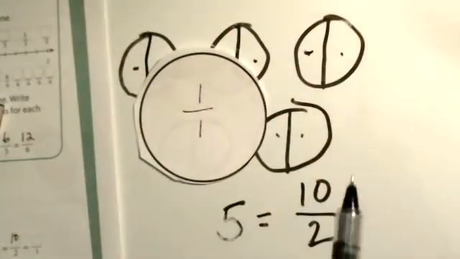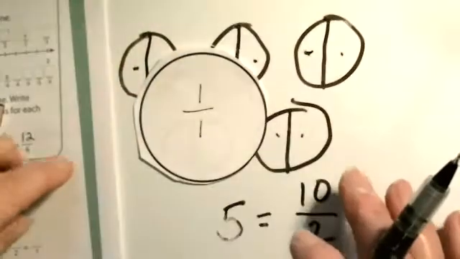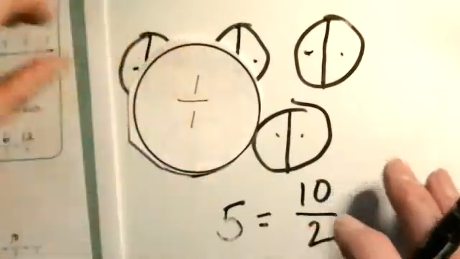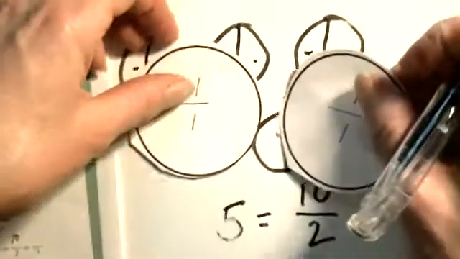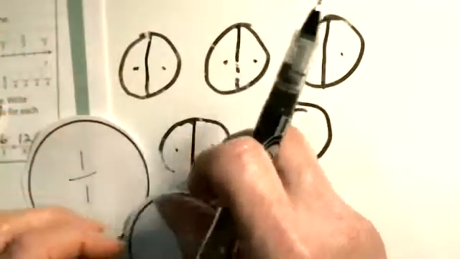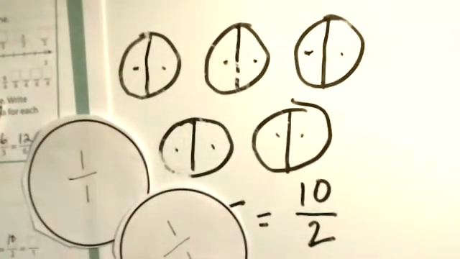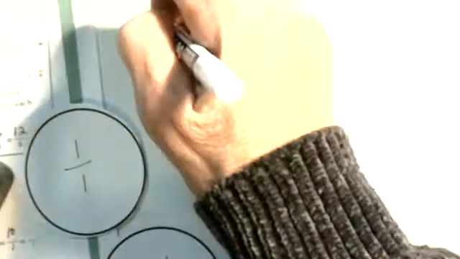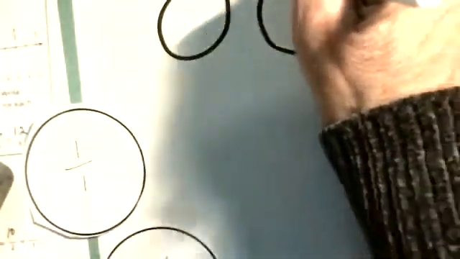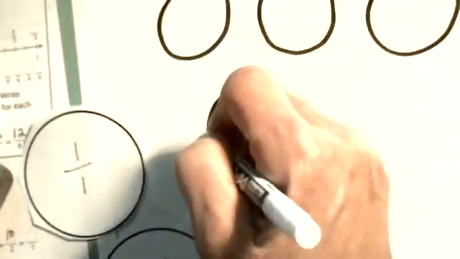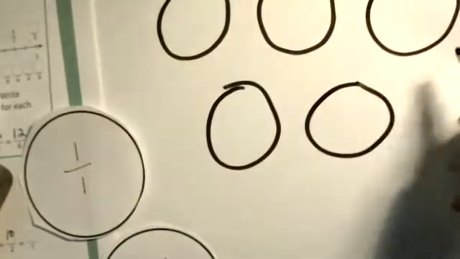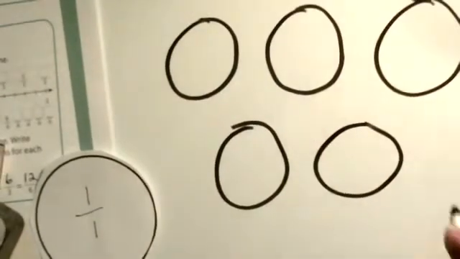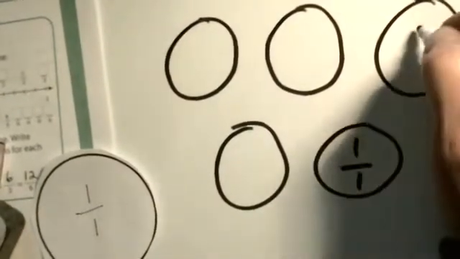Alright, so I had 5 wholes. So again, that would be like 1, 2, 3, 4, 5. 1 whole you represent with 1 over 1.